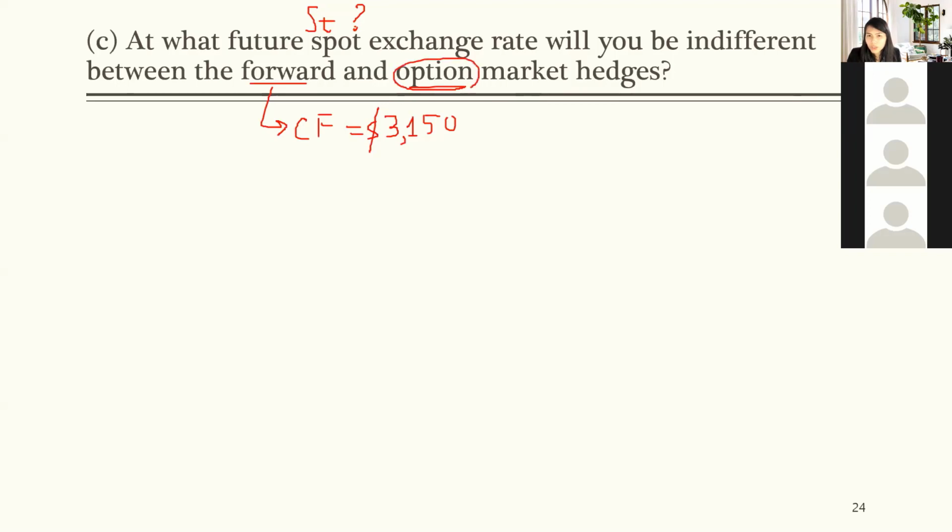The only thing that we don't know is the outcome of the option hedge. So the USD cost of the option is going to be a function of the future spot exchange rate.